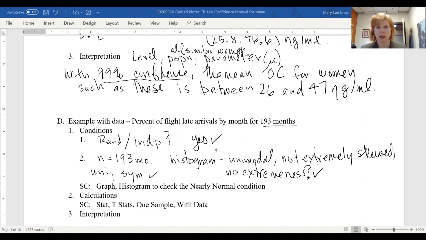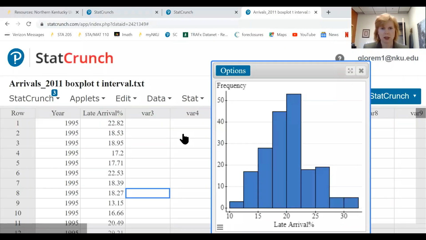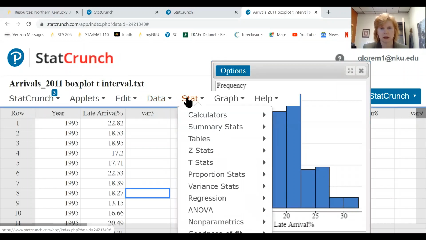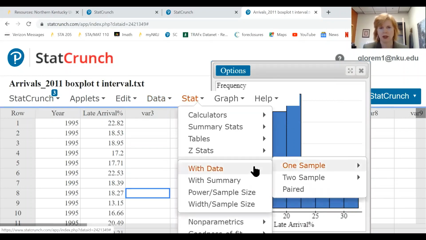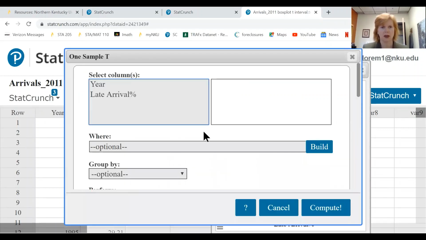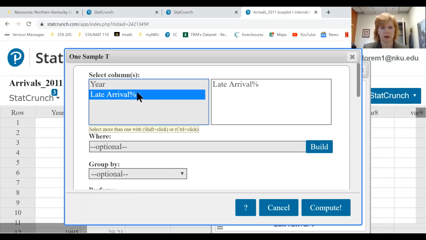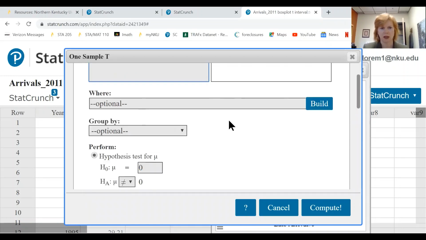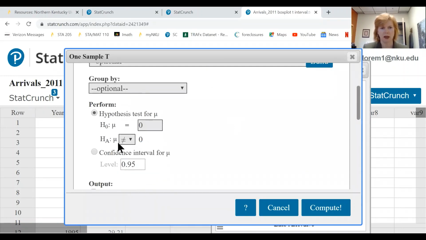So we got Stat, T Stats, One Sample with data, because I have that data, that column late arrival percent. All right, and I'm going to pick that guy. And then I'm going to go down here and I'm going to say I want a confidence interval.